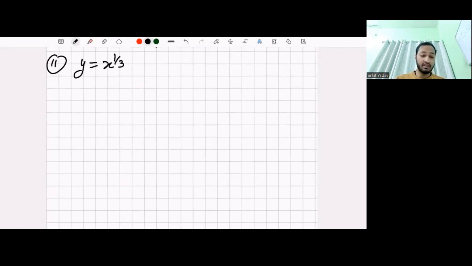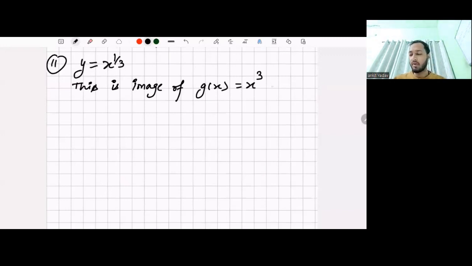So in this, अगर मैं y को g(x) मानूं तो this is the image of, sorry, g(x) is equal to x की पावर 3 about y is equal to x.